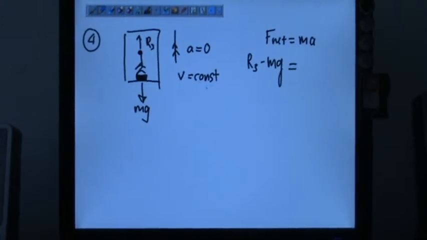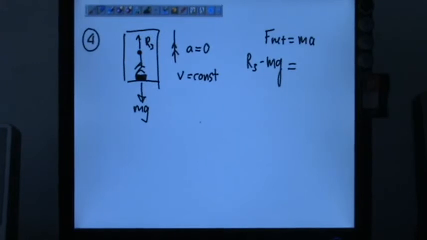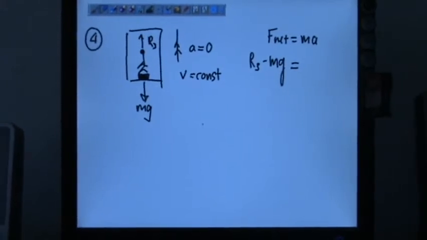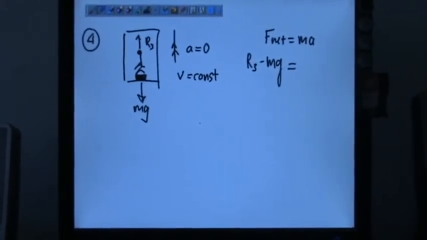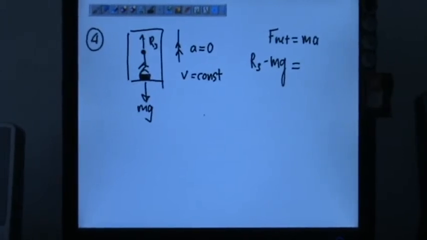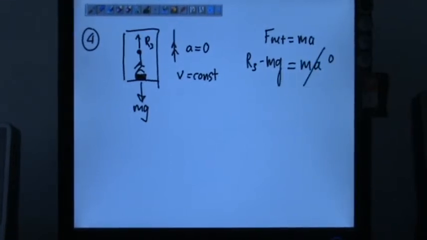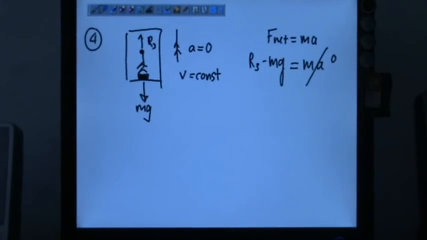When velocity is constant, it is like your father driving a car, the car is neither fast nor slow. It's just flat. You can see it on the car meter in front of the steering wheel: the speed is the same at, let's say, 90 km per hour. So we have R3 minus mg equals ma, but you realize that this is 0 because of constant velocity.